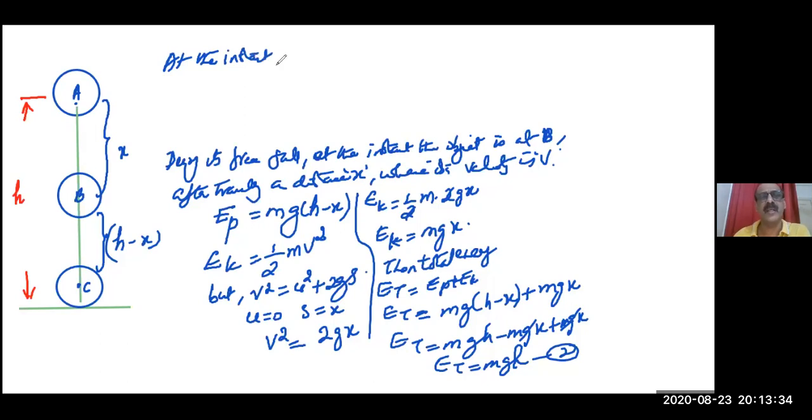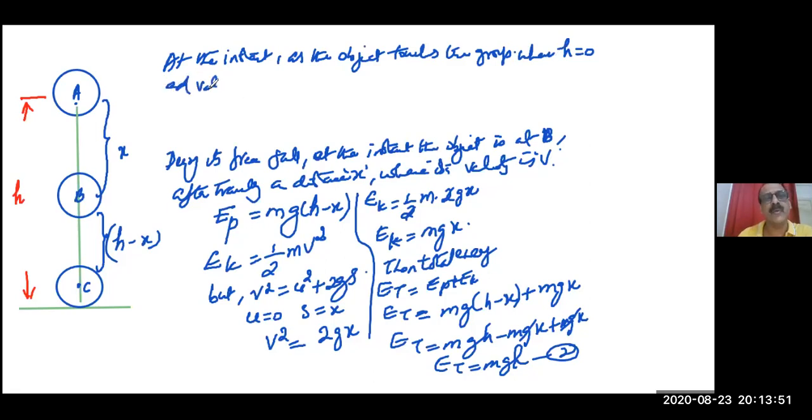At the instant the object touches the ground, where h is equal to 0 and velocity v is such that v squared is equal to 2gh, because with the same formula, the distance traveled is h. Before it was x, but when it reaches here, it travels a distance of h. You understood this formula, right?